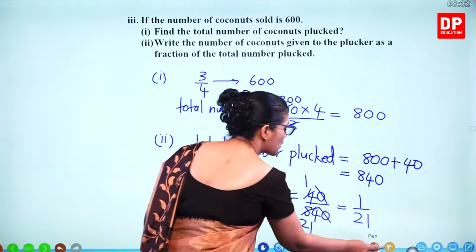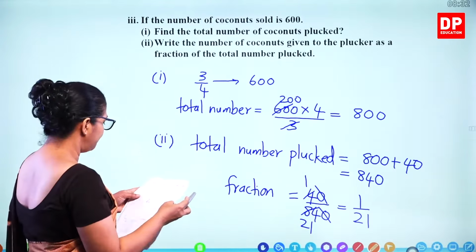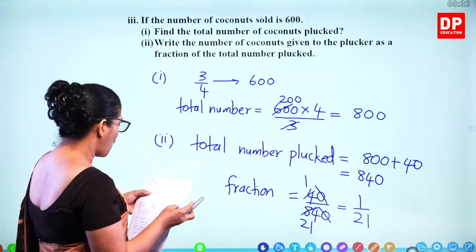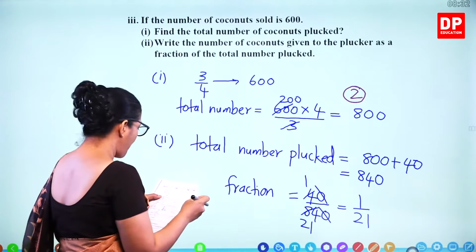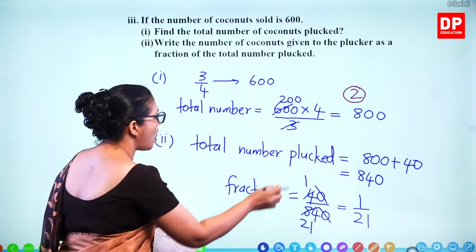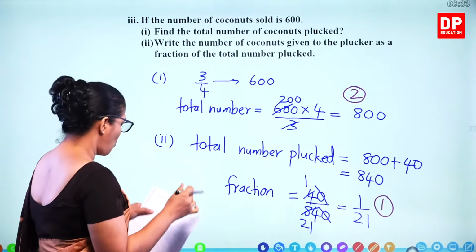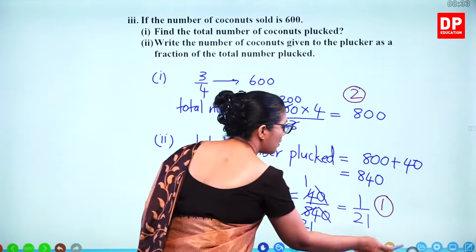So how many marks for this step? You get 2 marks for identifying this number 800 and 1 mark for this fraction, 1 over 21. Now let's do part B.